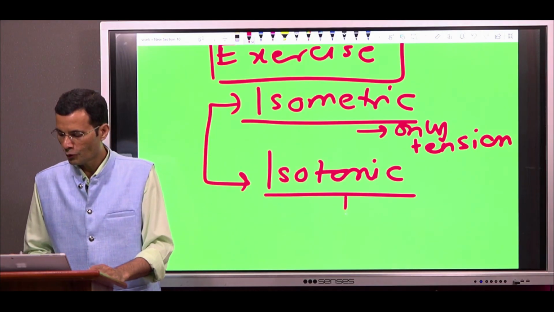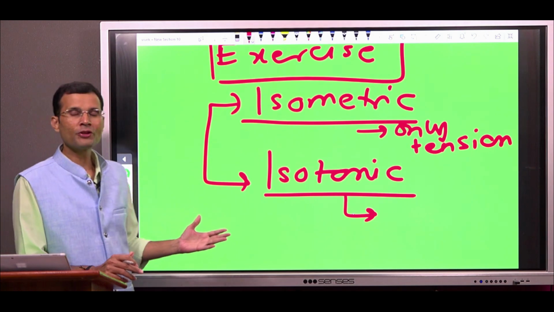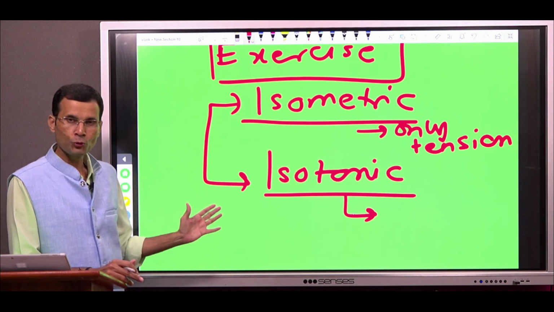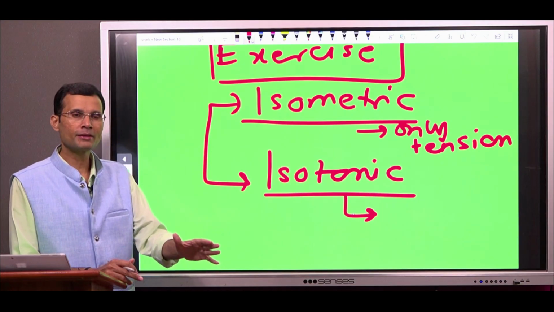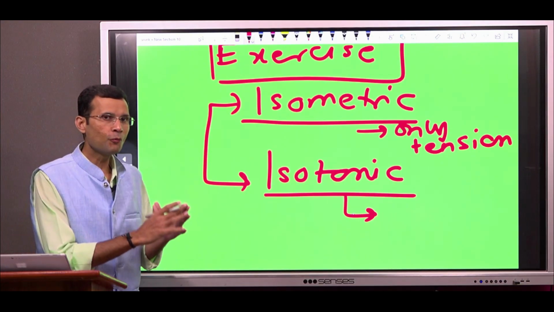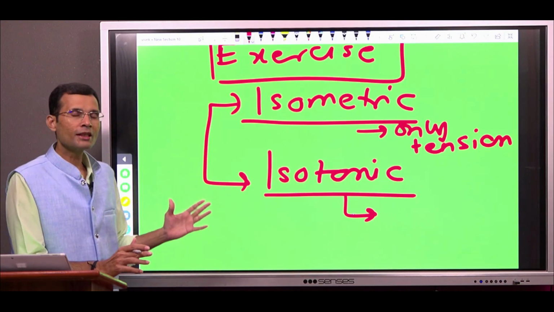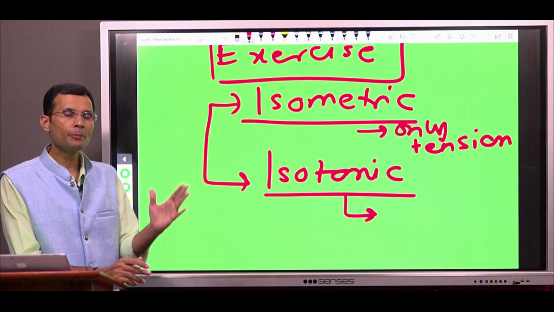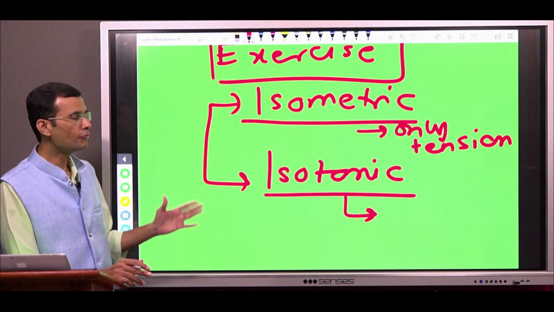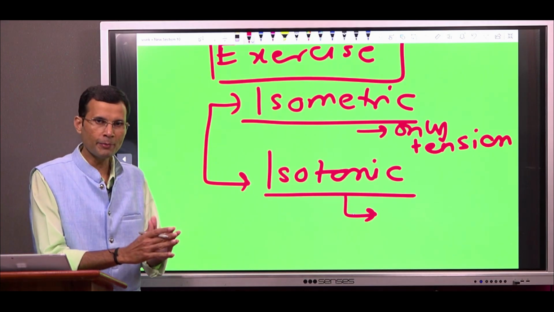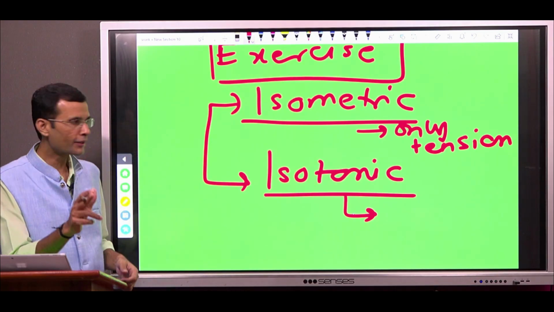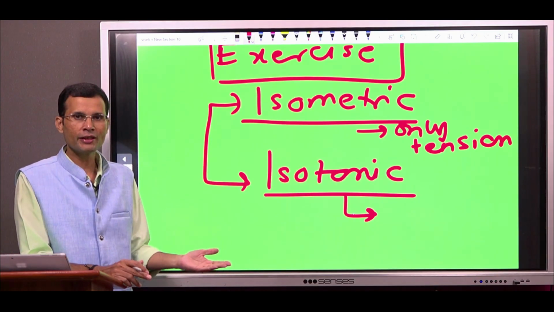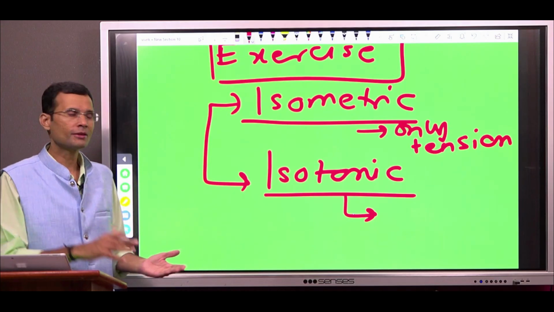And what is isotonic contraction? Isotonic means tension remains the same in the muscle. That means after a certain tension is developed in the muscle, that tension will now remain the same, it will not change, and the muscle shortening will happen. Remember, a contraction means two things, tension generated and shortening of the muscle.